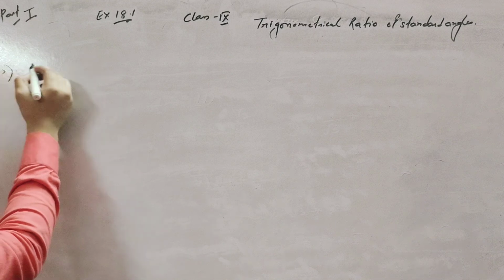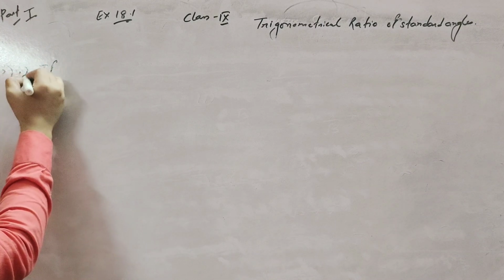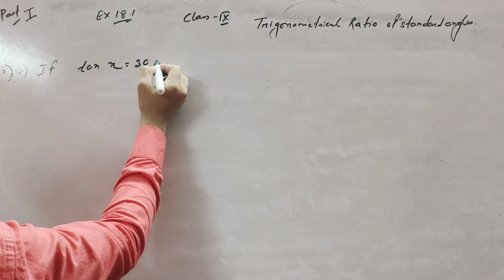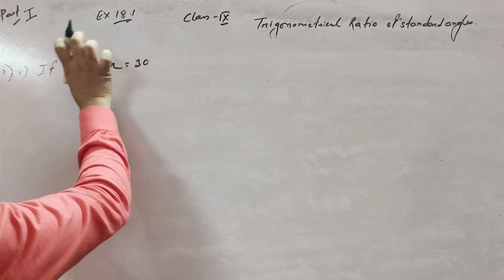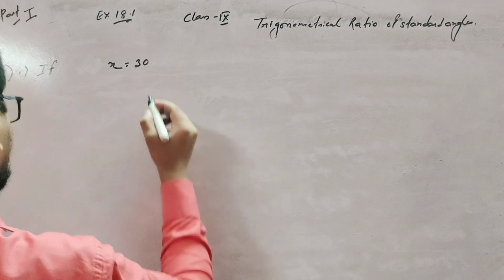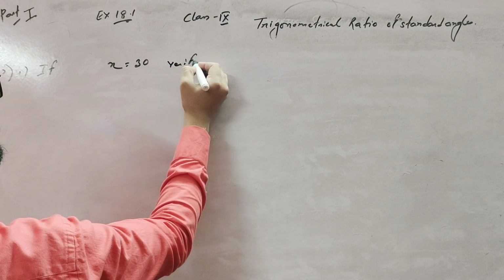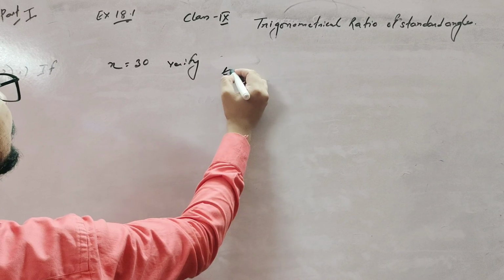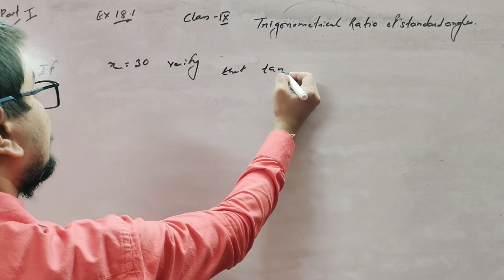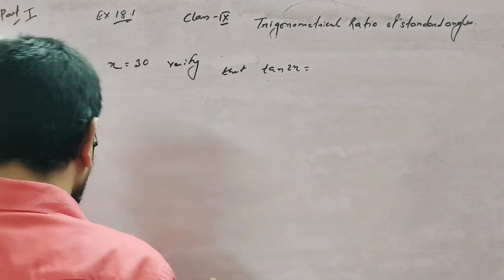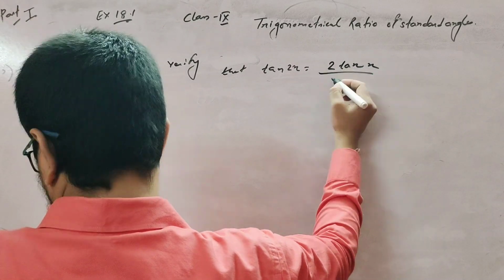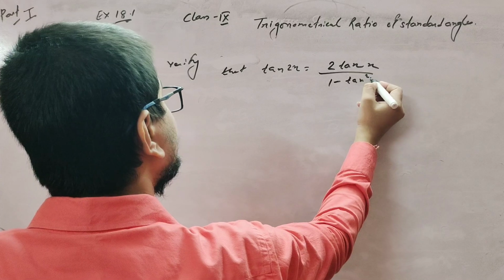Question number 5, given is 5.1. If x equals 30, verify that tan 2x equals 2 tan x by 1 minus tan square x.